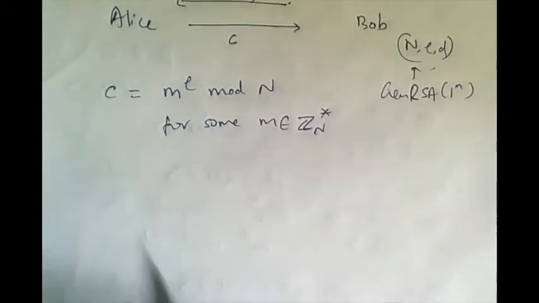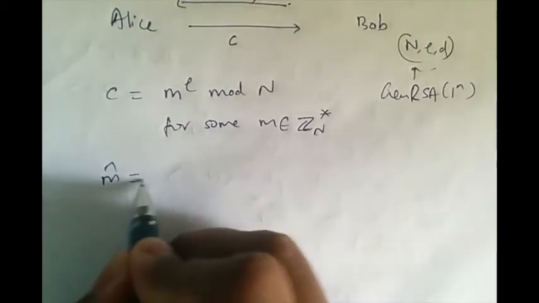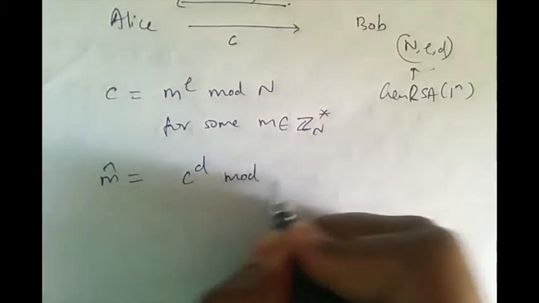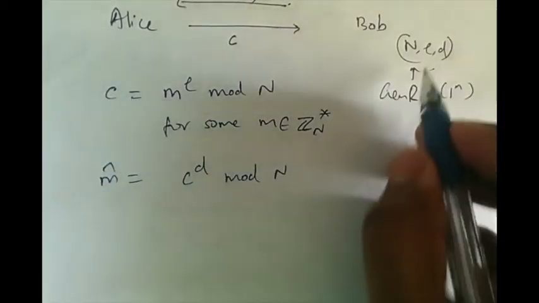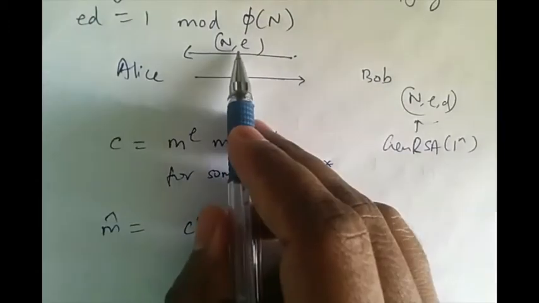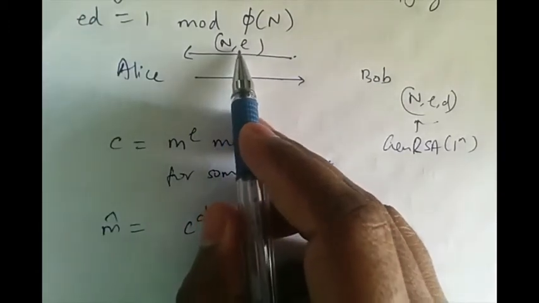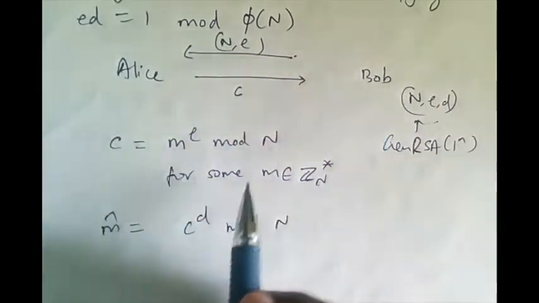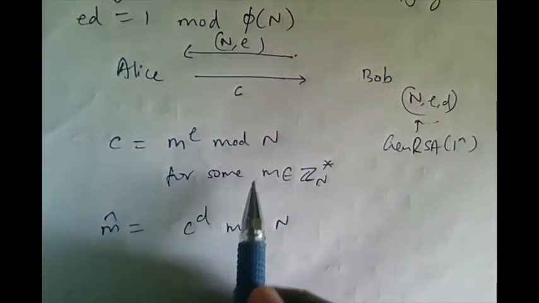The way Bob will decode is M hat, the estimate of the message, is going to be C to the D mod n, where D is the private key which Bob did not send to Alice, and so the eavesdropper also does not see that. So an eavesdropper only sees N and E, the public key of Bob.